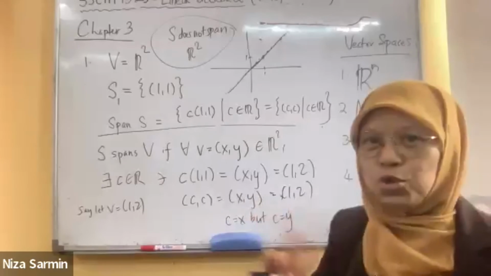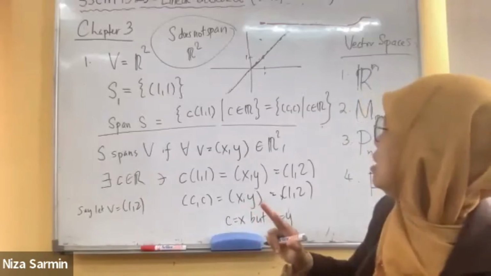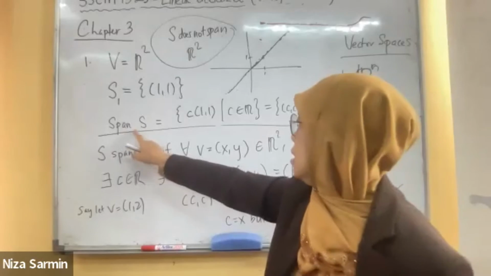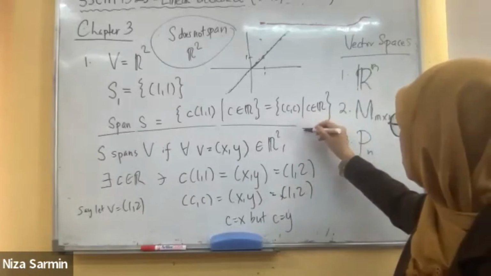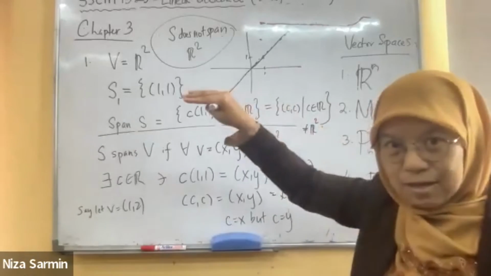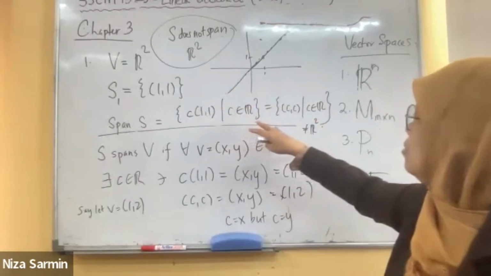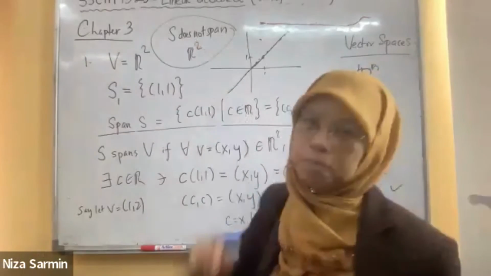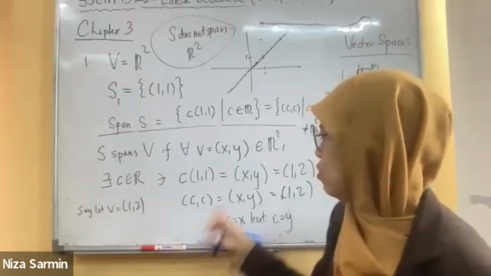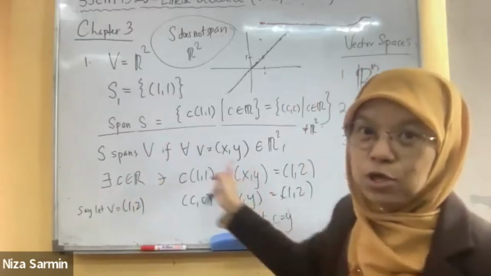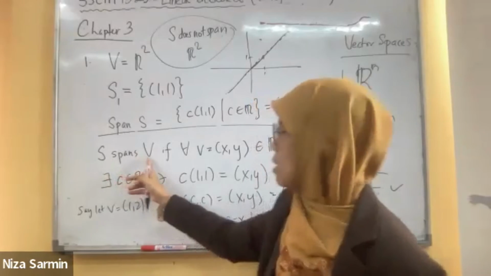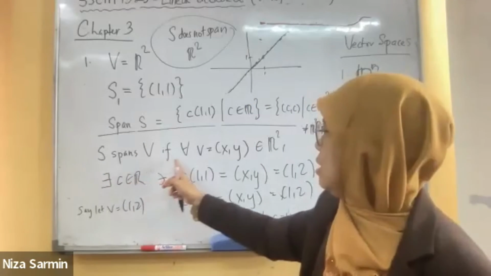So I showed you two cases. One, I find the span. If the span is not R2, it's just a line, right? Then we say S does not span R2. The other way is to solve the equation. This is the easier one. You write out the definition. S spans V, the definition, right?